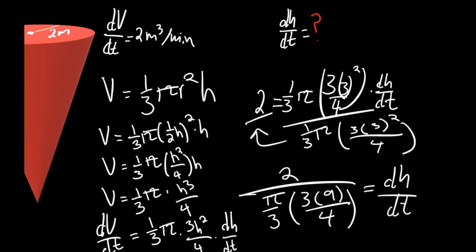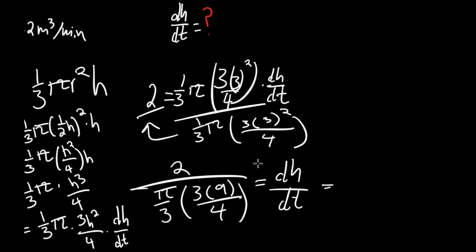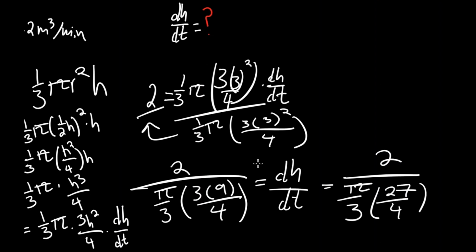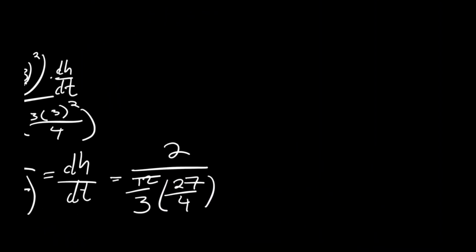Now that we have this, we can further simplify the result by multiplying things out. We have 2 over pi over 3 times 27 over 4, which is 27 pi over 12.